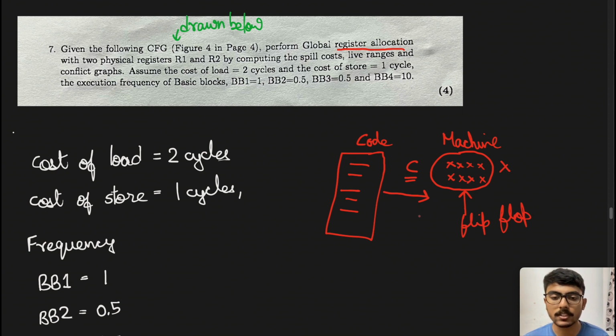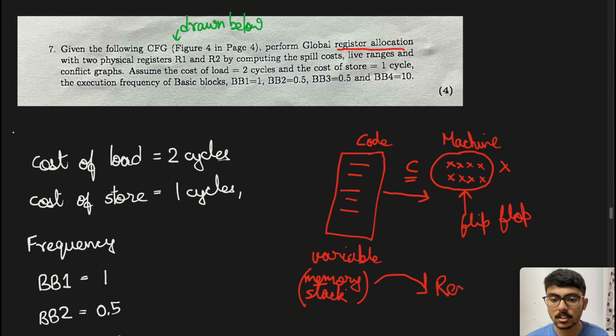What we need to know out of this is, in the code we have variables, right? Those variables and their values are stored in the memory, heap or stack, which you might say. So in order to process this data which lies in the stack, it needs to get passed into another storage, which is the register, which lies closest to the CPU and is the fastest storage system in a computer architecture.